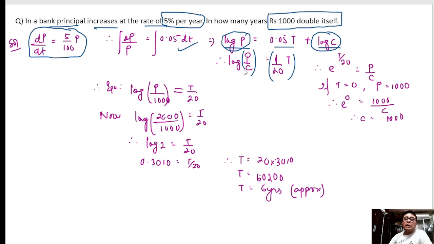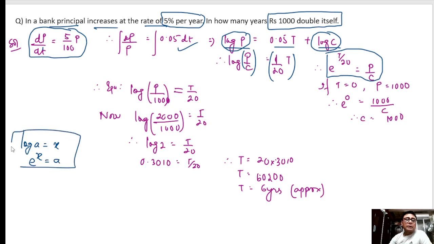So to remove the log, this is the format: if log a equals x, it can be written as e to the power x equals a.